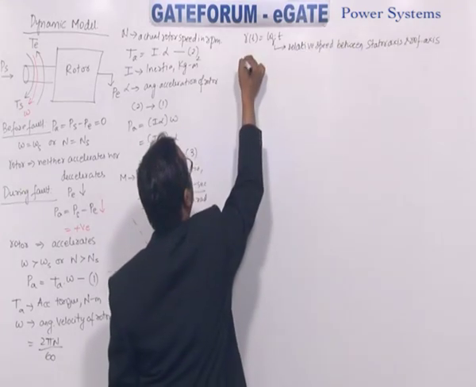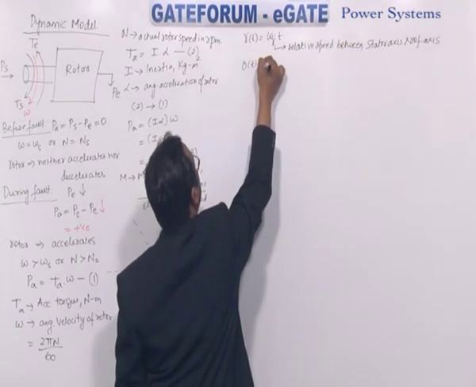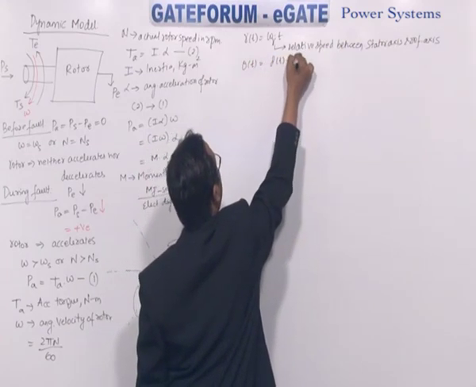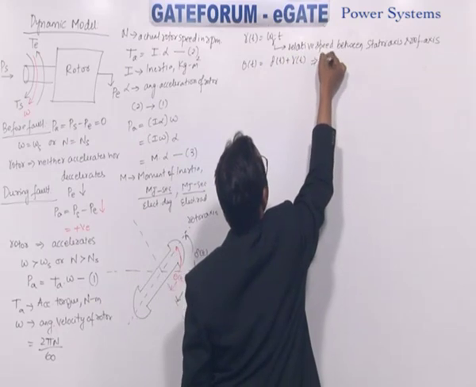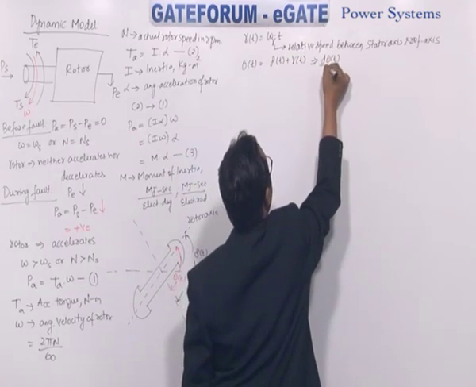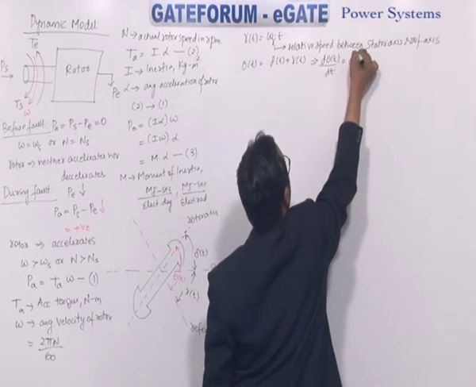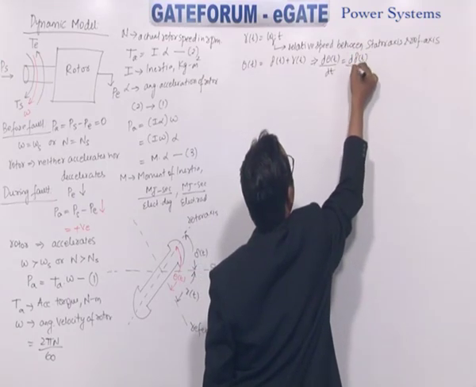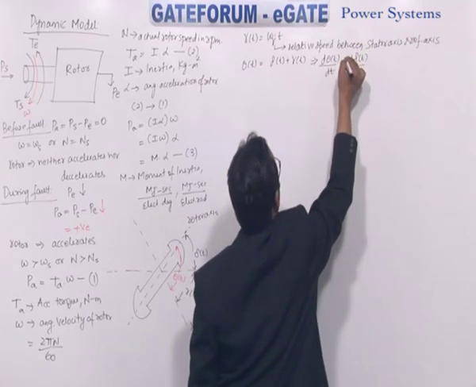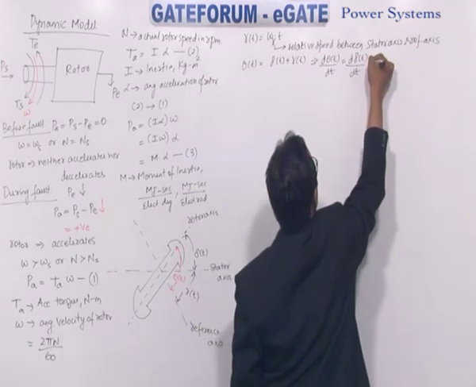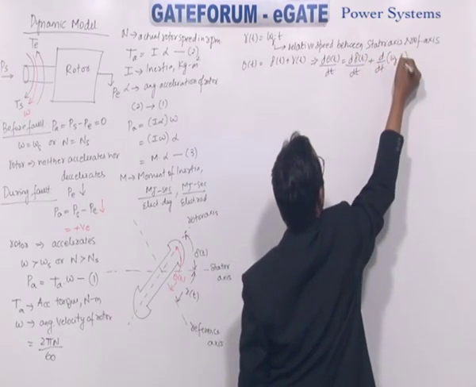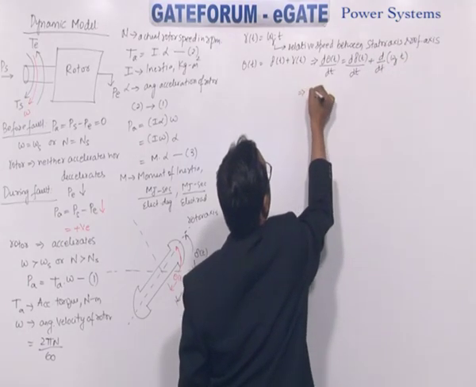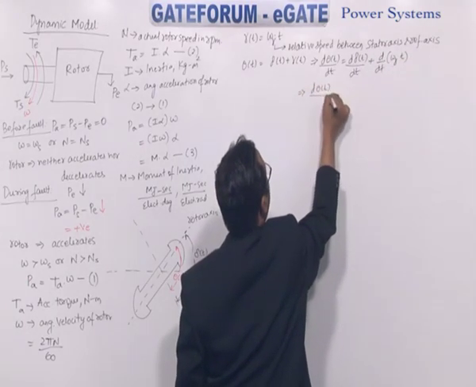So from this what do you write now? Theta is delta plus gamma. So differentiate first with respect to t, d delta by dt, and gamma differentiates to omega r. So differentiating omega r into t, how much do you get now? Omega r.